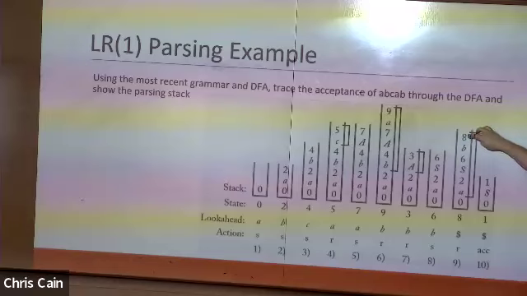We go from state 8 to state 6 to state 4 to state 0, and from state 0 to state 1, which tells us that we can accept because we've moved past the S and we're also at the end of the string. The look ahead is the $ sign. So between the empty stack, the final state here, as we get rid of the S here, we end up with a bottom of stack character and a string character that tells us we can accept.